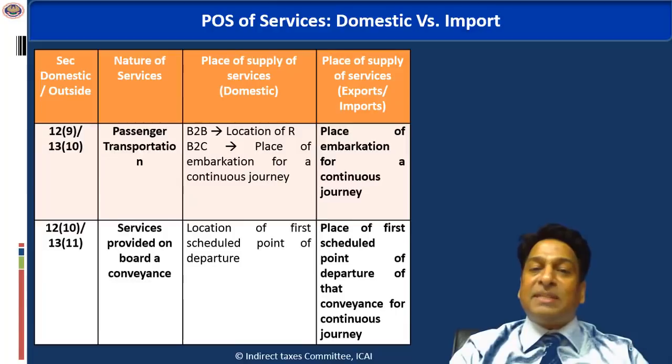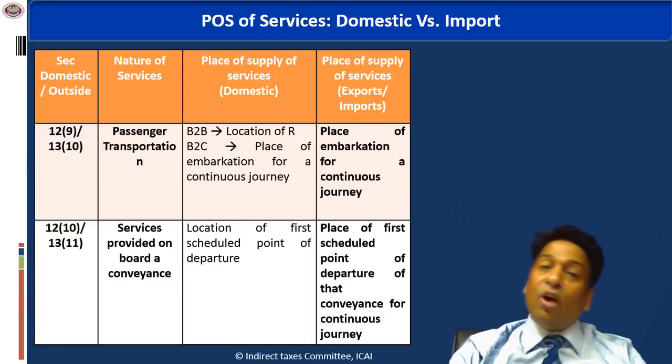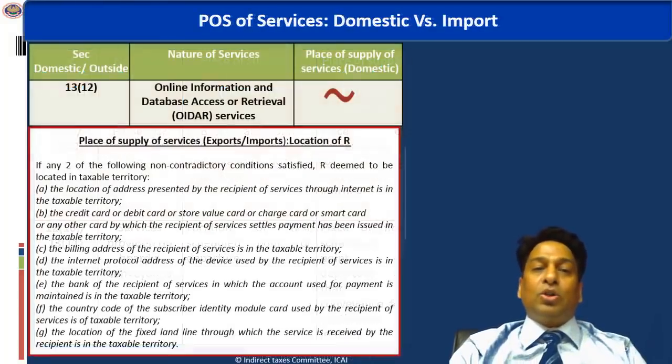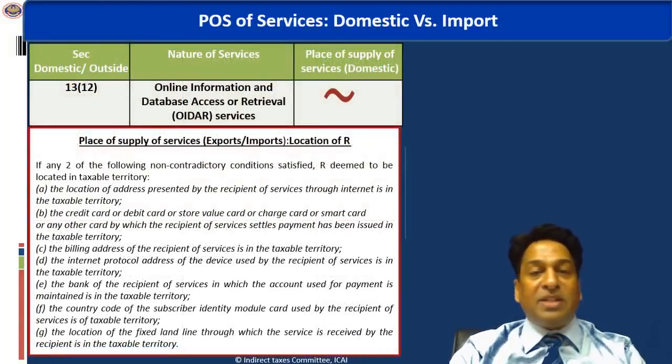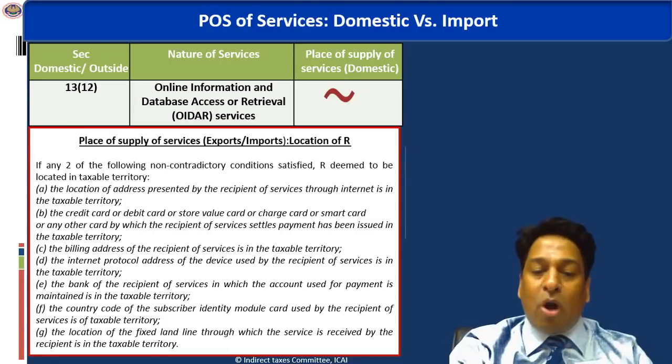Going to passenger transportation, the place of embarkation for continuous journey, and when additional value-added services are being given on board a conveyance, the place of first scheduled point of departure of that conveyance for continuous journey would be the place of supply. So these are the broad provisions pertaining to place of supply for import and export.